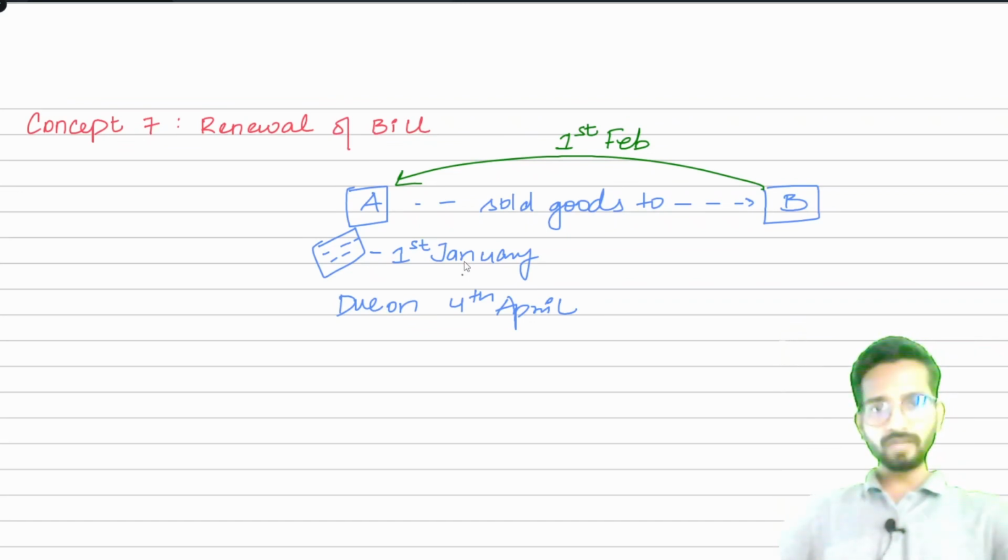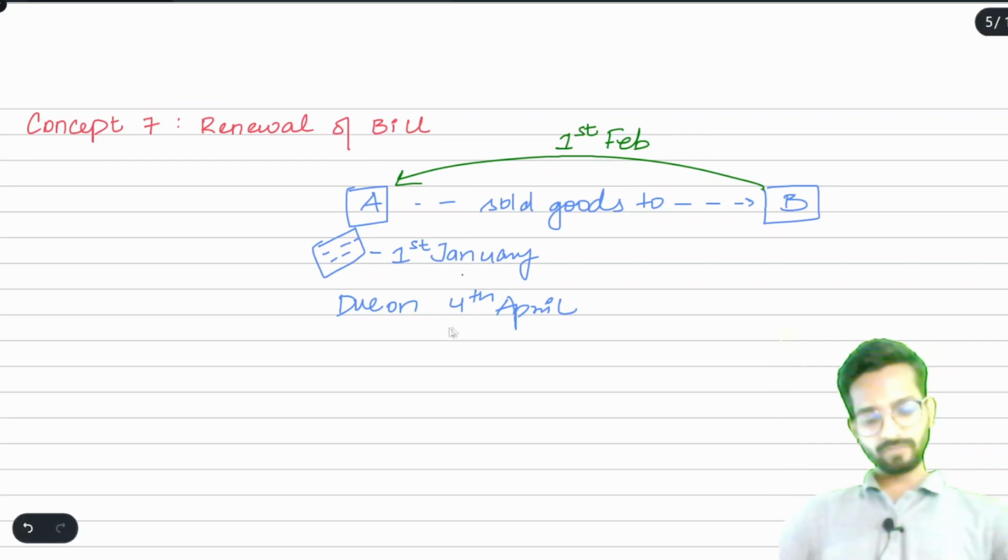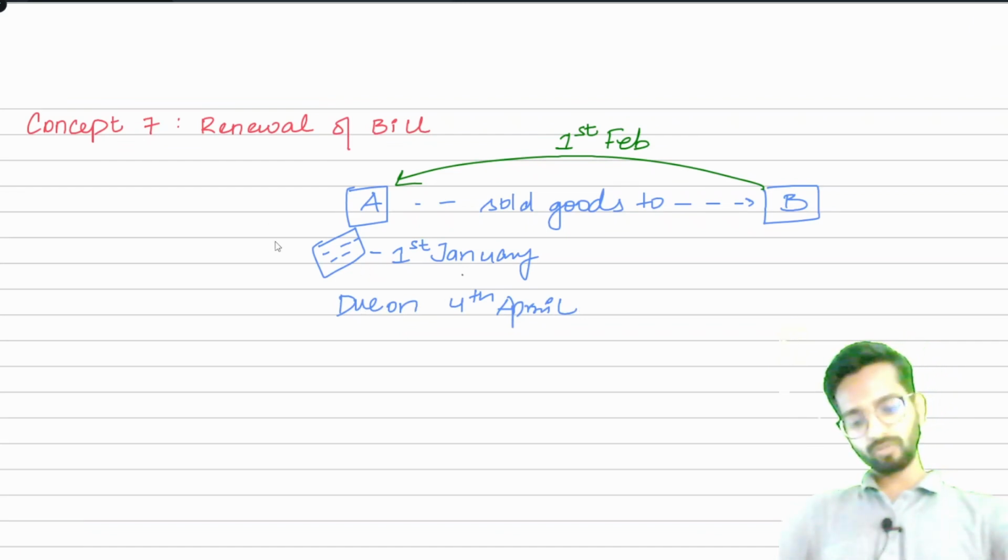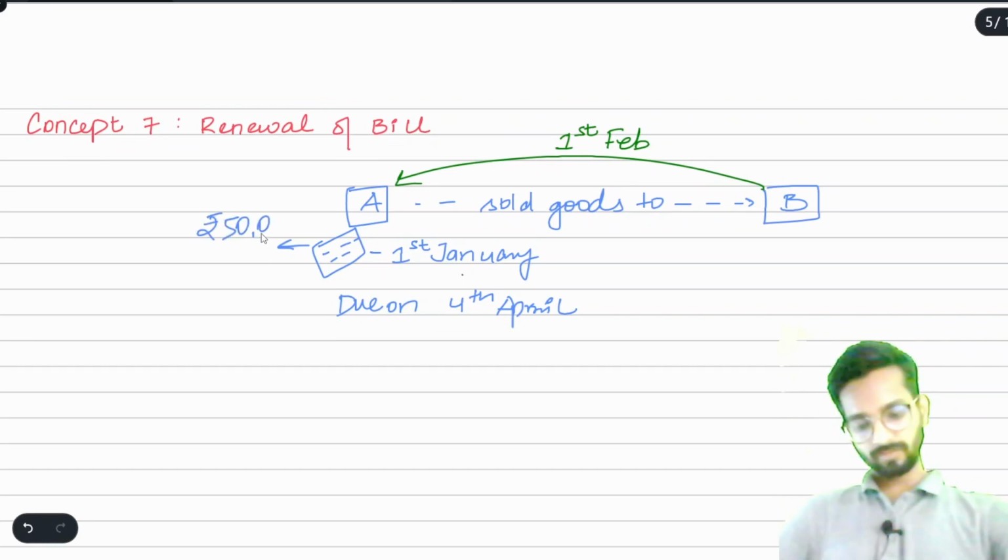A is saying, what benefit do I get even if I am extending the period by 1 month or 2 months? Let's say I am making it 4th May. Now it is 4th April. If I am making it 4th May, then what benefit do I get? B says, see, on 1st Feb we made the total bill worth rupees say 50,000.